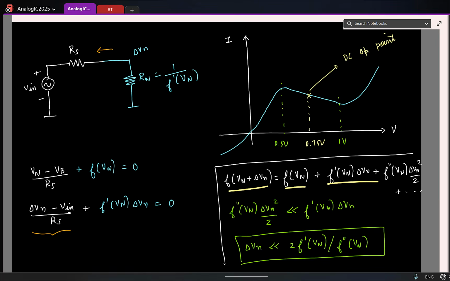So this is what we say, we are linearizing a nonlinear circuit. And that works only if my delta Vn, the signal we are interested in, is smaller than this particular quantity. And this circuit, of course, is what we call the small signal or incremental equivalent circuit.